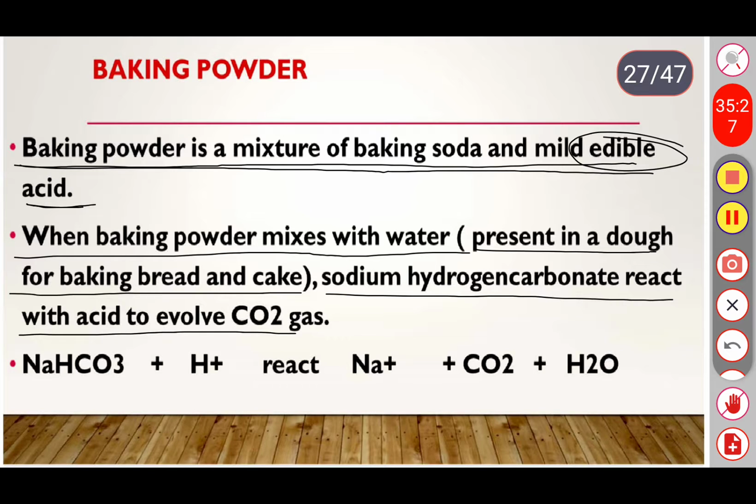So here the reaction is given. When sodium hydrogen carbonate or sodium bicarbonate reacts with the acid, it forms a sodium salt, carbon dioxide and water.